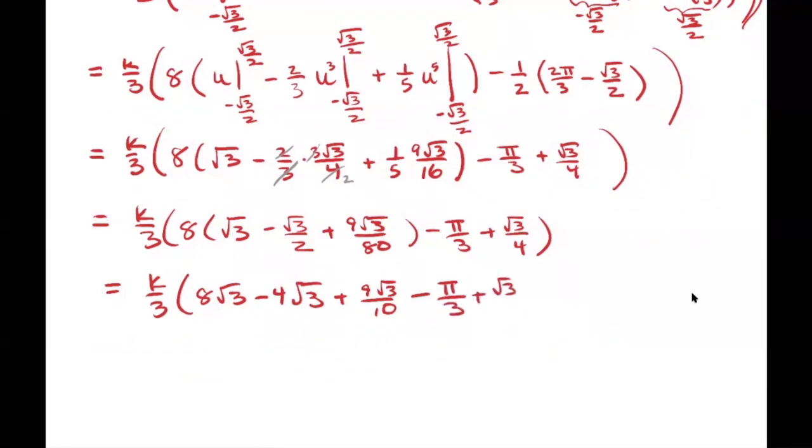Okay, getting my magical calculator that does fractions. So, and I'm hoping this is right, but anyway, 8 minus 4 I can do in my head, plus 9/10. Don't really want to do in my head. Plus 1/4.